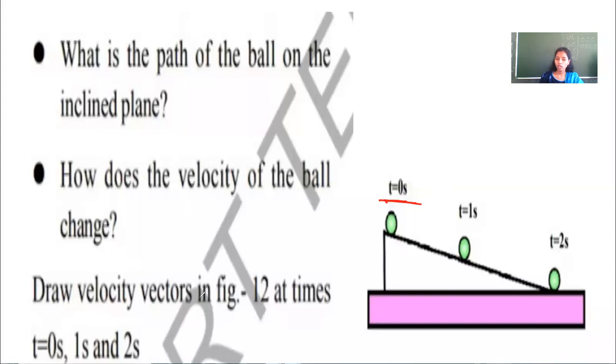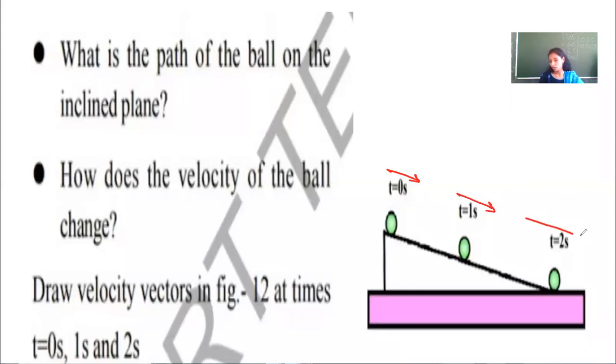So when we draw the velocity vectors to this, at 0 seconds of time, at 1 second of time, at 2 seconds of time, the velocity is increased here. The direction is constant. Velocity vector means, see Nana, at 0 seconds of time it is moving in this direction only. At 1 second of time also it is moving in this direction.